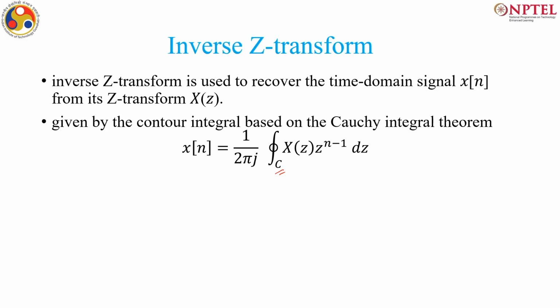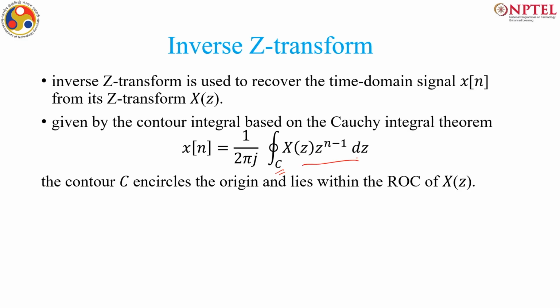So, we did summation. So, this is the equation, and here the contour will encircle the origin and lies within the ROC. So, basically this is the evaluation in the ROC of x of z.